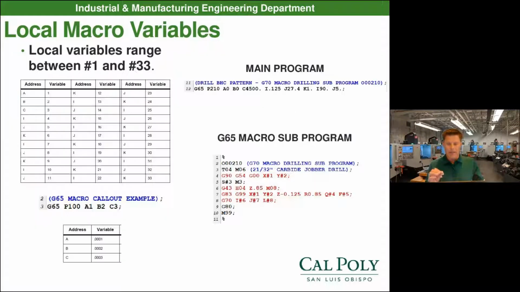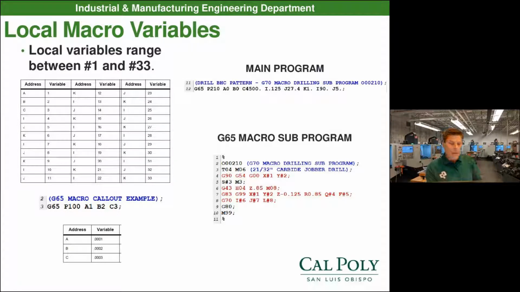So let me explain a little bit more on how that works. So for example, I'm going to show you my program here in a little bit, or my macro programming project. And the way it's going to work is the students are given sub-programs. We're going to talk about that. But the sub-program has macro variable numbers in it. So you'll see we have X is #1, variable 1. Y is variable 2.